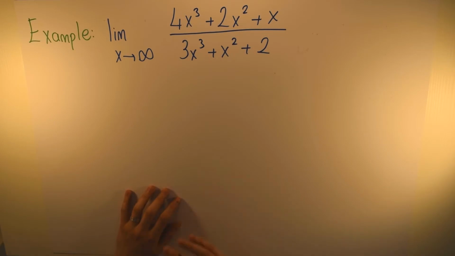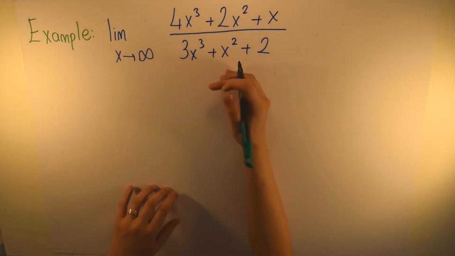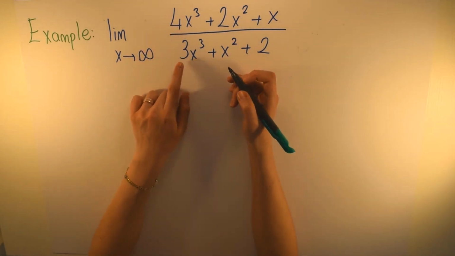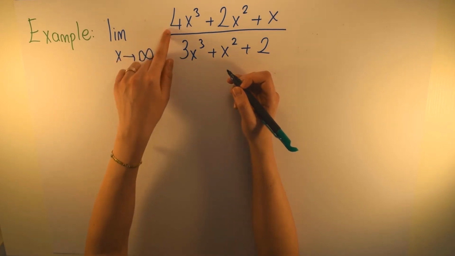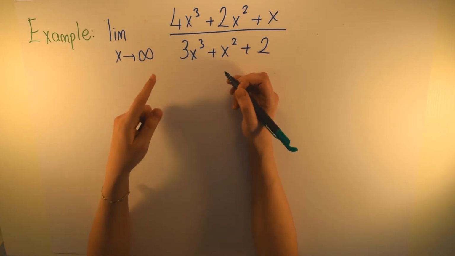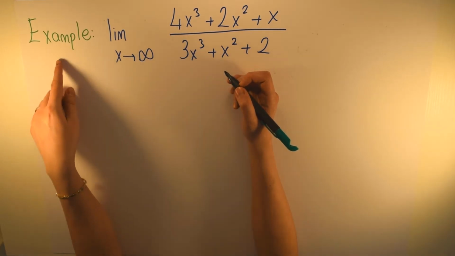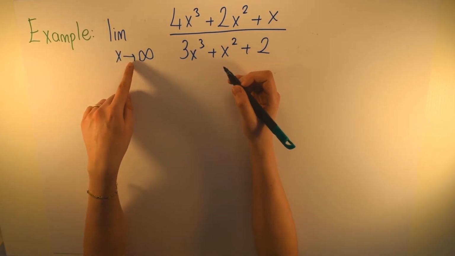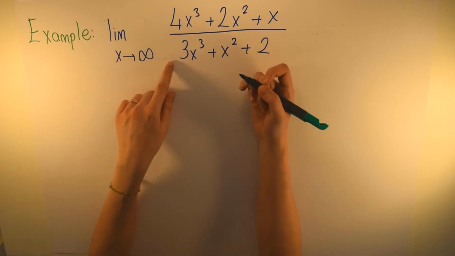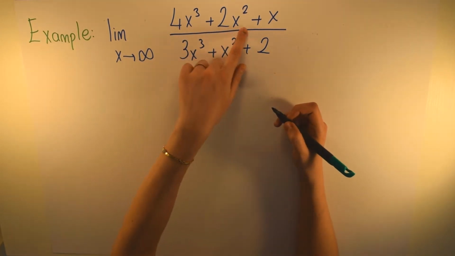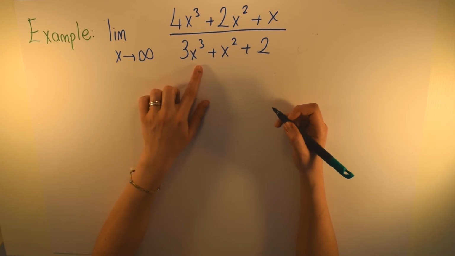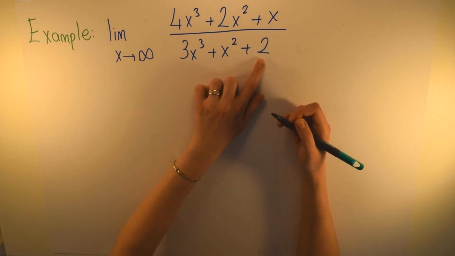Now you will learn one trick which is very, very important. If the highest degrees of the denominator and numerator are equal to each other, then the ratio of coefficients will give you the answer. What do I mean by that? For example, here we have the limit as x approaches infinity of 4x cubed plus 2x squared plus x over 3x cubed plus x squared plus 2, right?